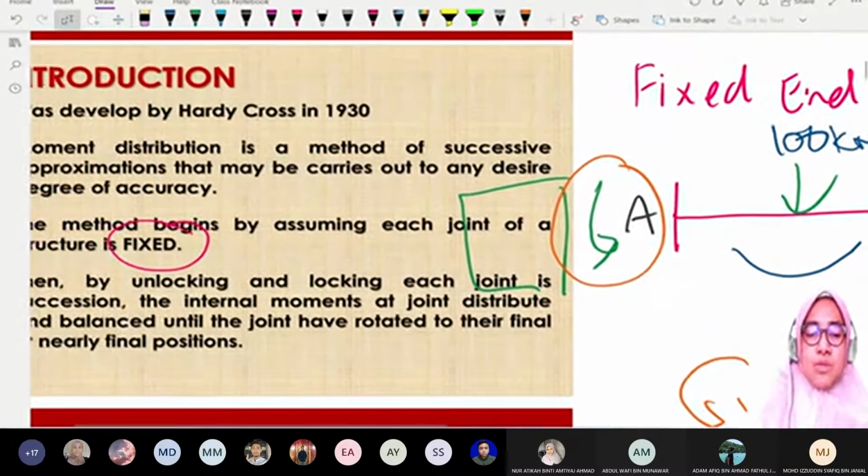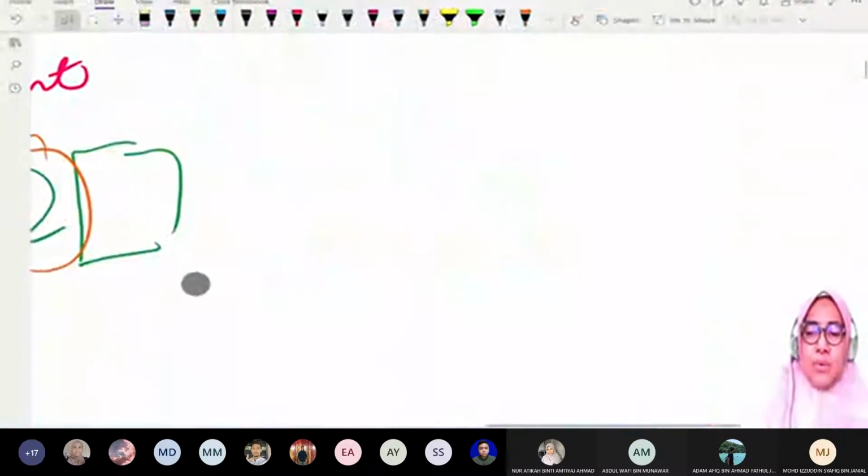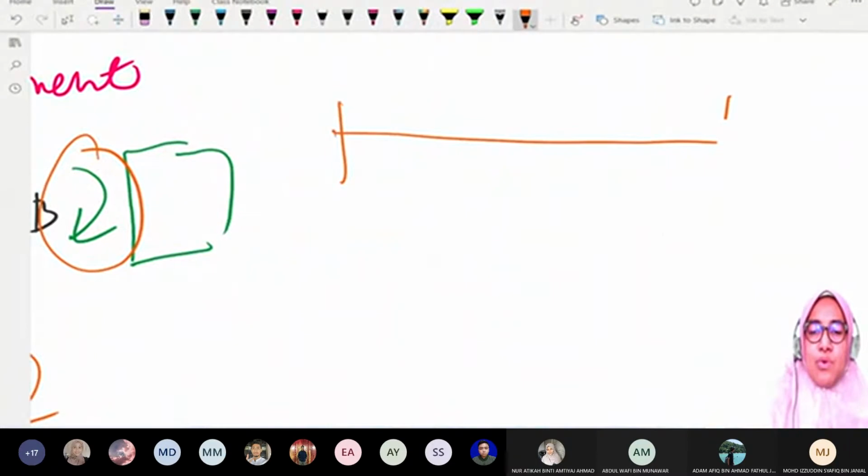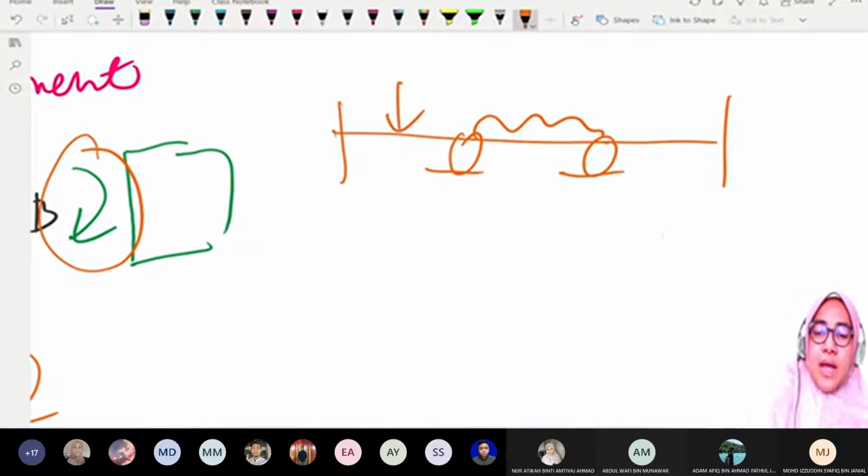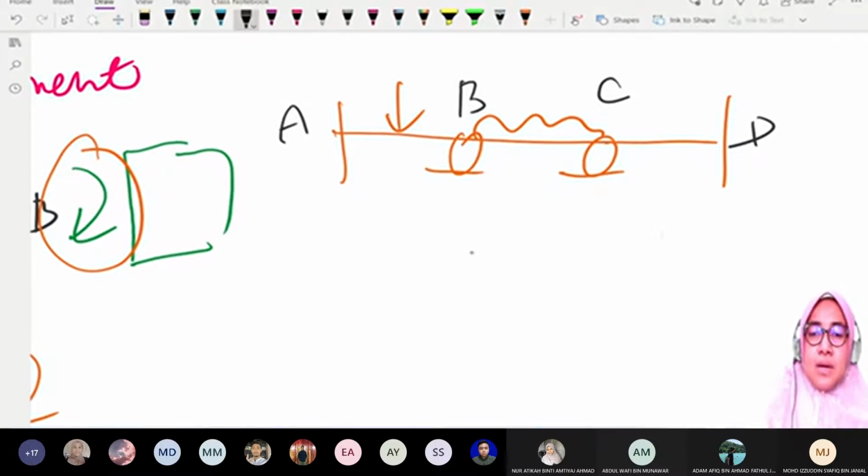So here they mentioned about fixed. Actually, when we analyze a beam, it may be like this, with loading like this, for example. So we have A, B, C, D. Every joint must be assumed fixed.